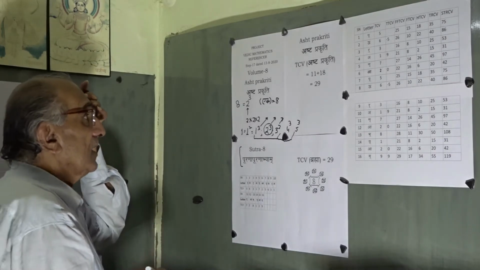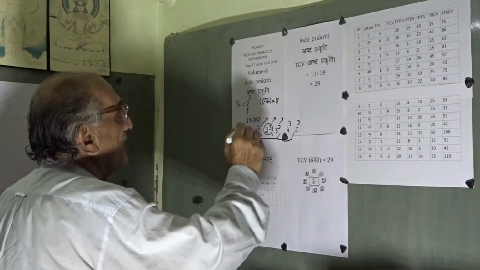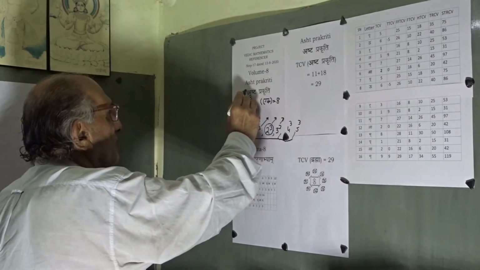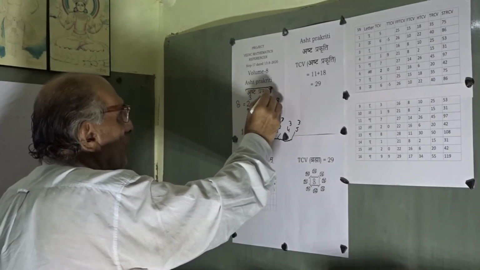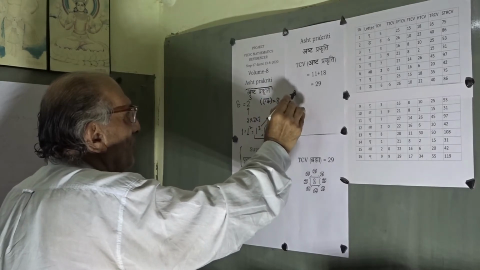Then value 8 is the Asht-Prakriti. It is eightfold nature.